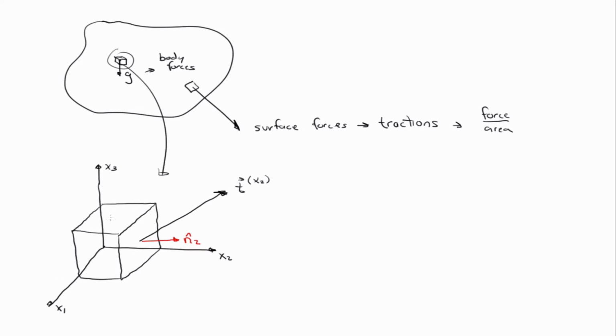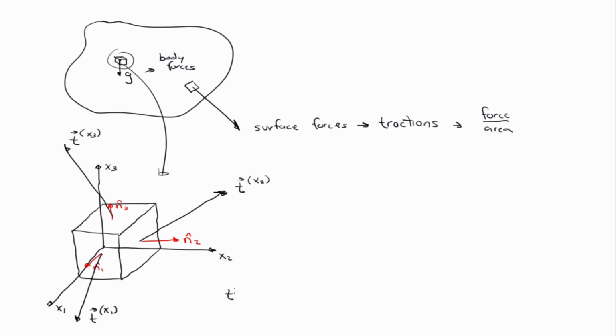And so, likewise, if we had a normal vector in the x3 direction, and a normal vector in the x1 direction, we're going to have tractions that are all vectors themselves, and I indicate which face they act on like this, okay?